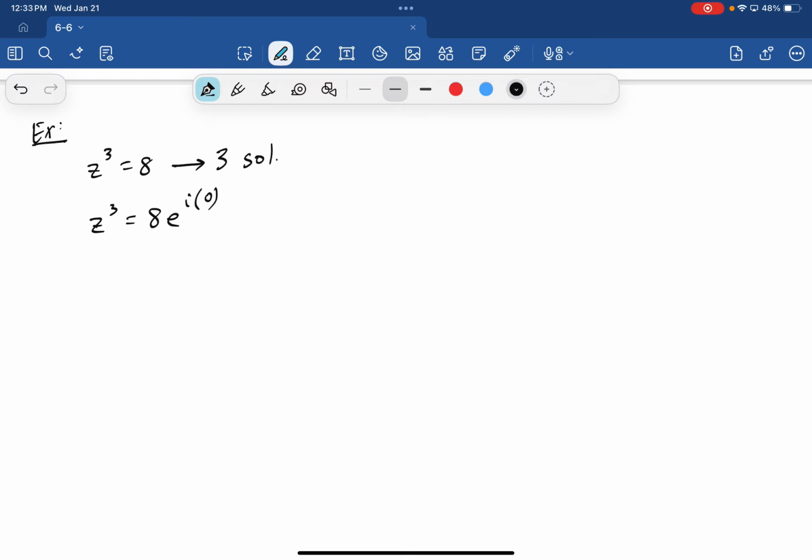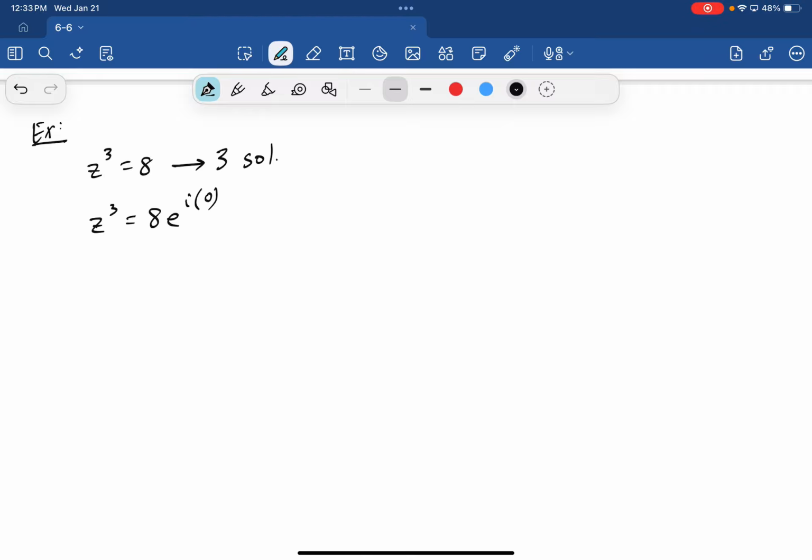Then we can apply the equation that we all have written down. Because it's on the positive real axis, it has an angle of 0. 8 is just 8 plus 0i.